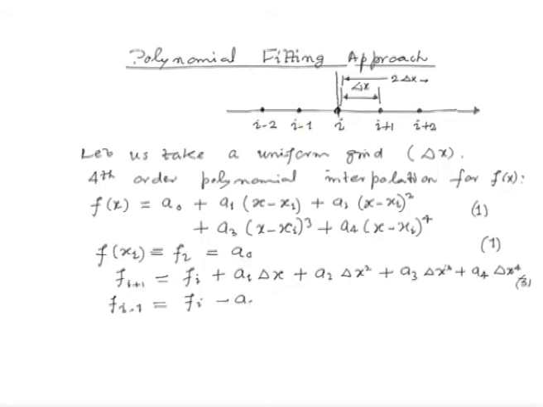So we get a1 times minus delta x, plus a2 times minus delta x squared, which simply gives us plus delta x squared, minus a3 times delta x cubed, plus a4 times delta x to the power 4. Let's call this equation 4.